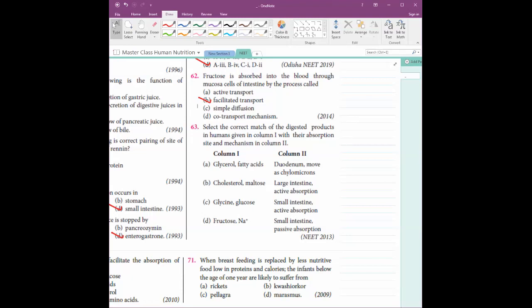For example, glucose can be easily transported in and out, but the same is not going to happen with fructose. So fructose needs to depend on someone to hold its hand and pull it into the cell. That is what we call facilitated transport, because fructose on its own does not have those channels to get into the cell directly.